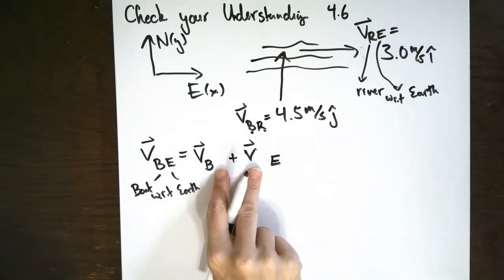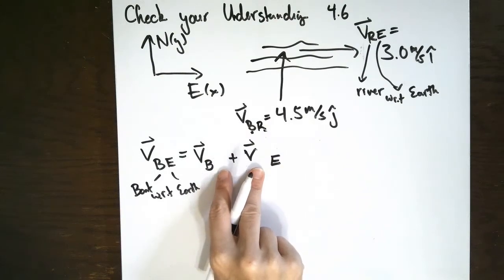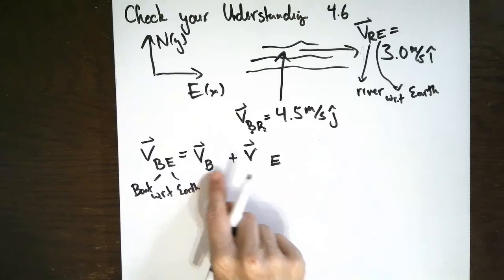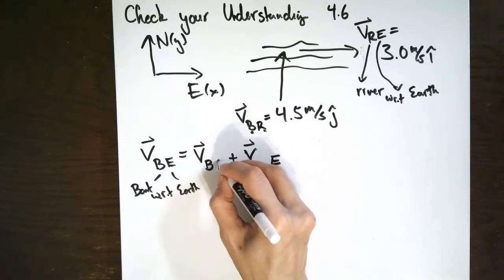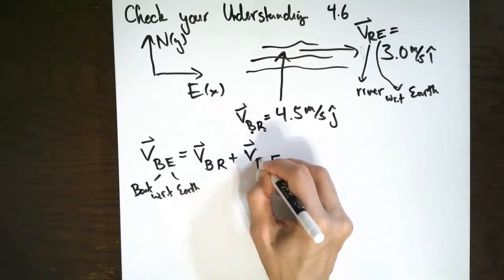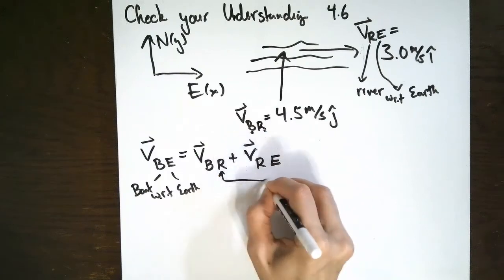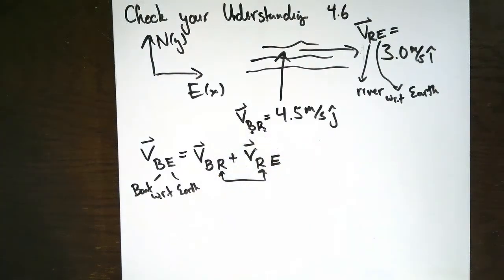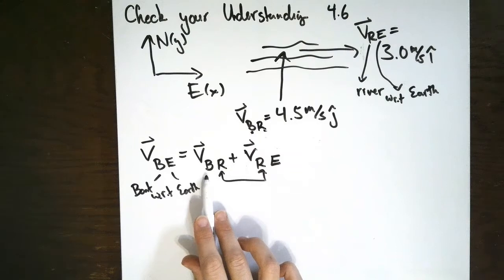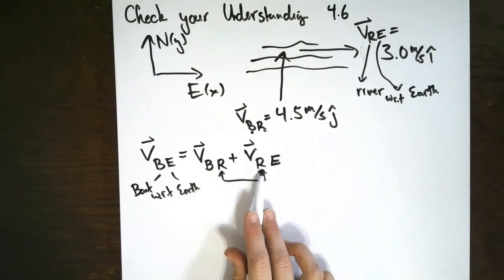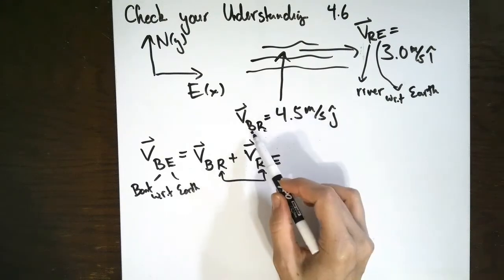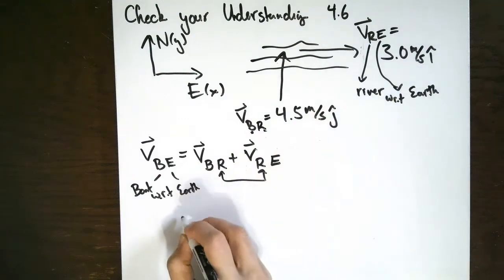And the two middle subscripts have to be the same thing. So we have boat and Earth, so the remaining object in the problem is the river. That'll be the fill-in middle subscript. So we need the boat from the viewpoint of the river and the river from the viewpoint of the Earth. Happily, those are the two that we've got.